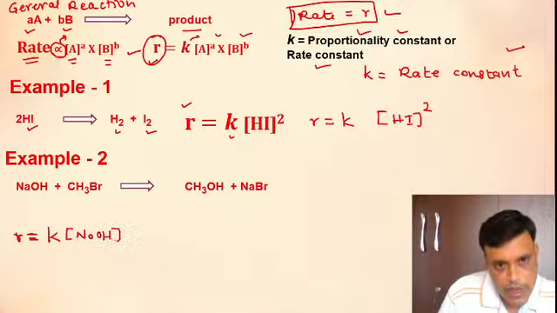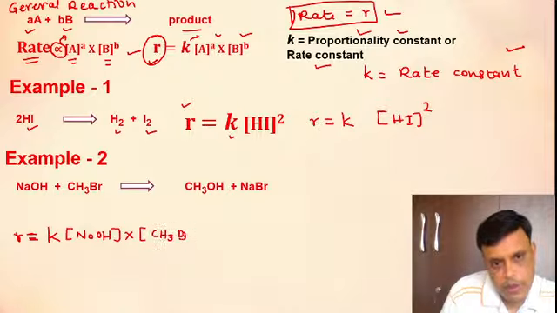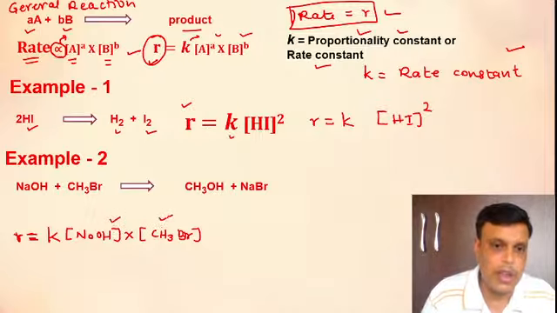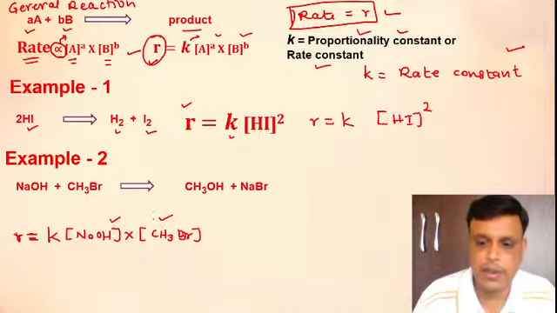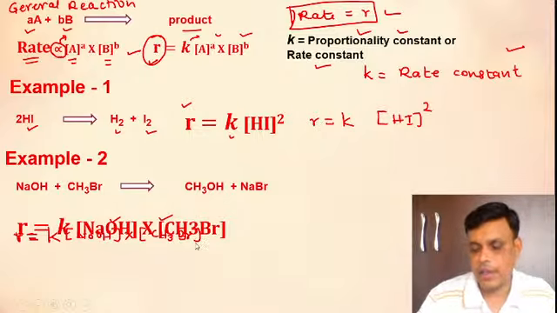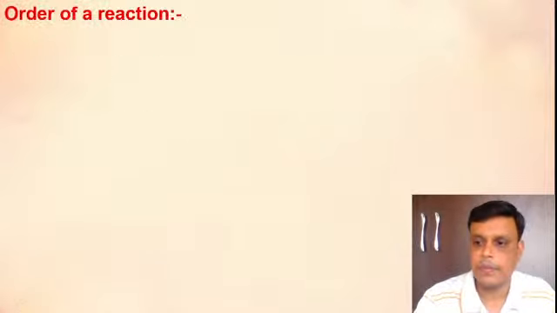Because it is a reacting species, and CH3Br, very simple, because these two are reactants. See here, R is equal to K into [NaOH][CH3Br]. Very good.